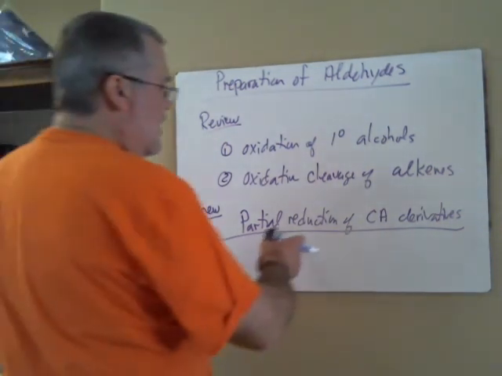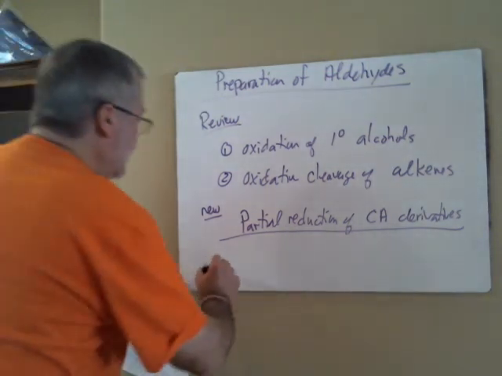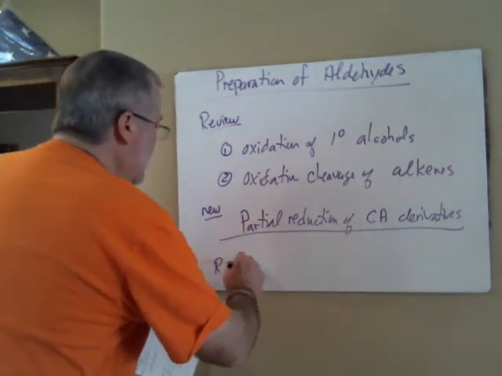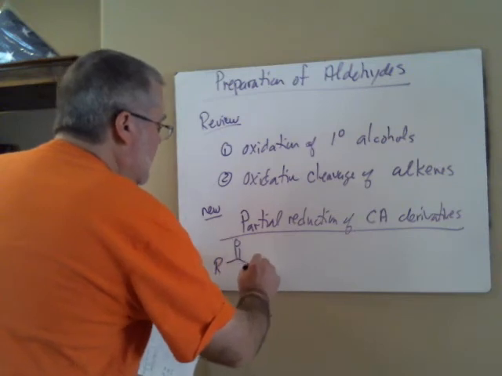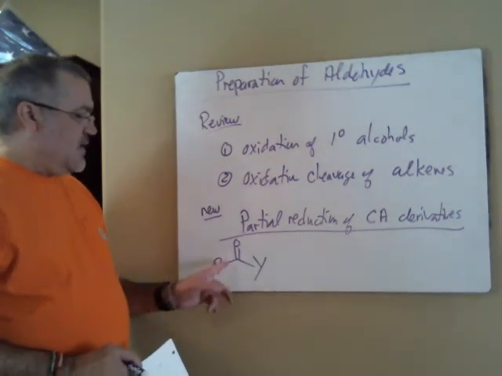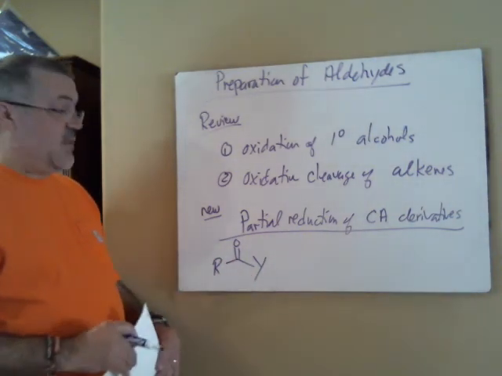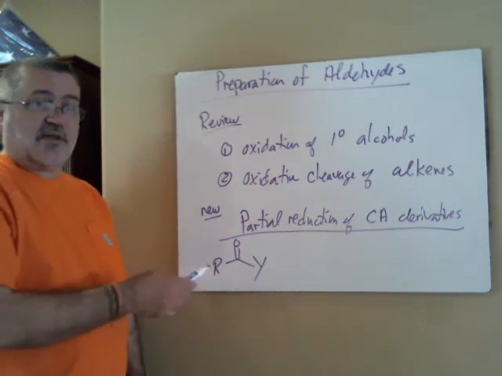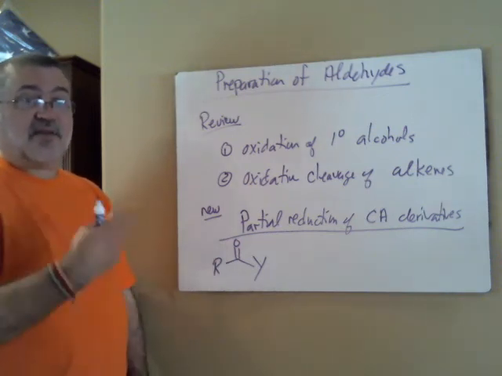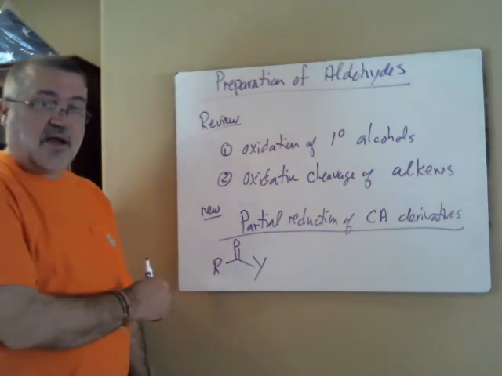And so when I say a partial reduction, what I'm saying is I want to be able to take a carboxylic acid derivative. And remember, our standard abbreviation for them now is to have my acyl fragment attached to a Y, because the Y is the leaving group. So any of those carboxylic acid derivatives, carboxylic acids, acid chlorides, esters, all of those are abbreviated this way.